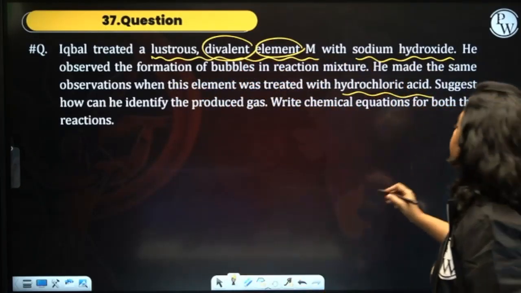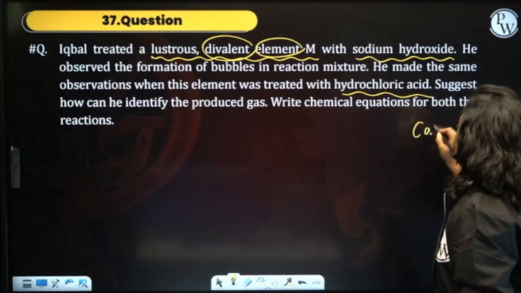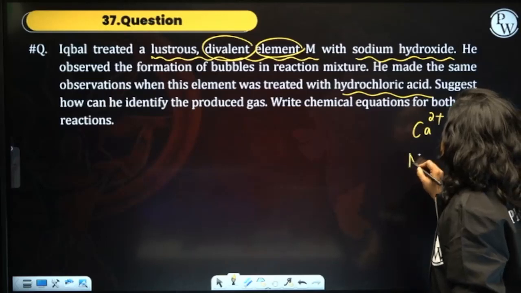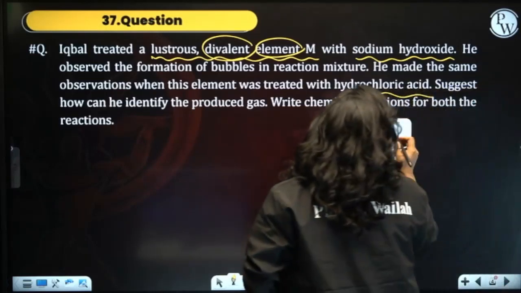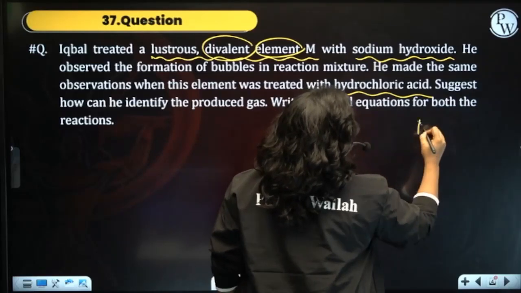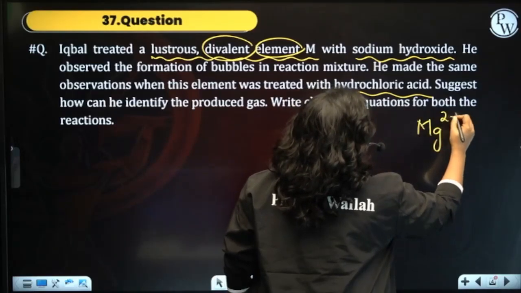Now, if divalent metal, I can write calcium 2+, oxygen 2-. Above calcium there is magnesium, I can write magnesium 2+.